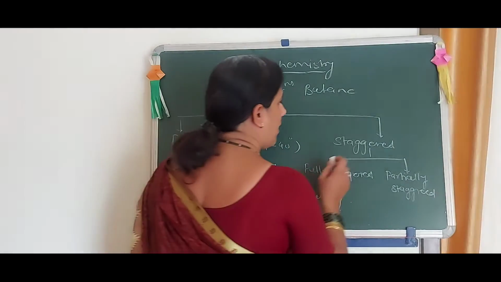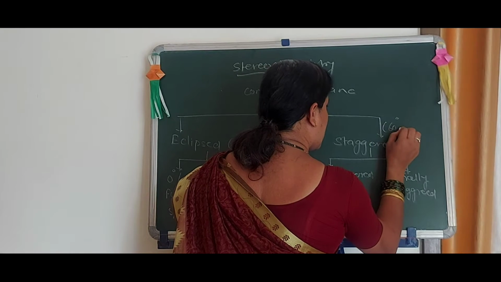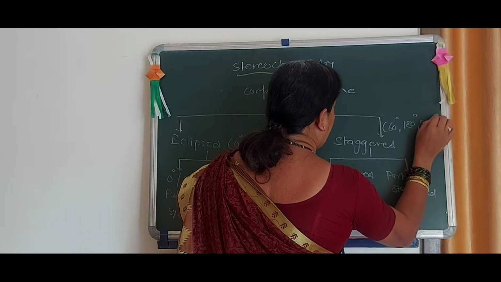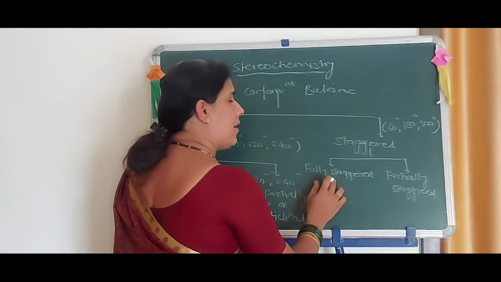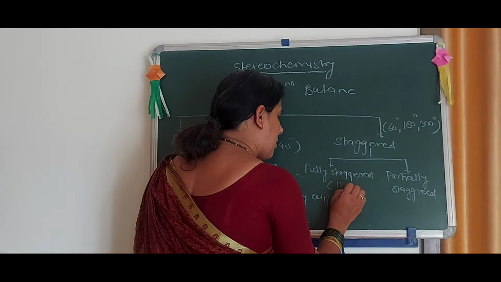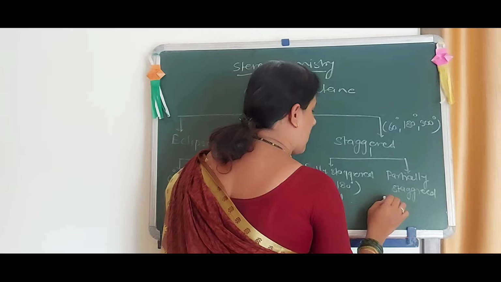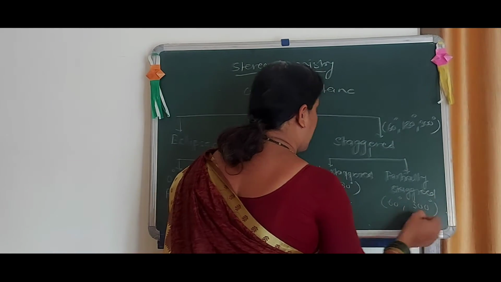Totally 3 angles: first one is 60 degrees, then 180 degrees, and then 300 degrees. For fully staggered, the dihedral angle is 180 degrees. And for partially staggered, these two angles are 60 degrees and 300 degrees.